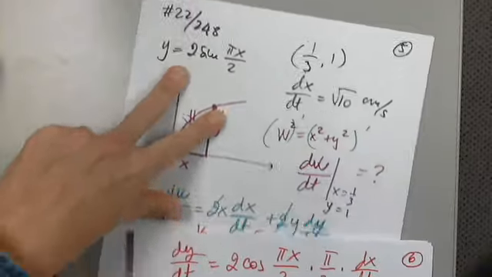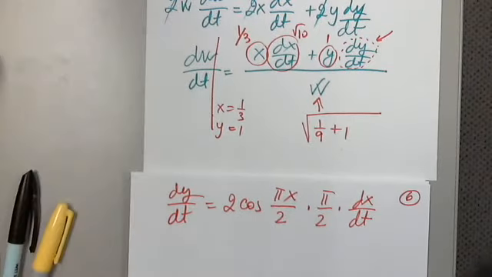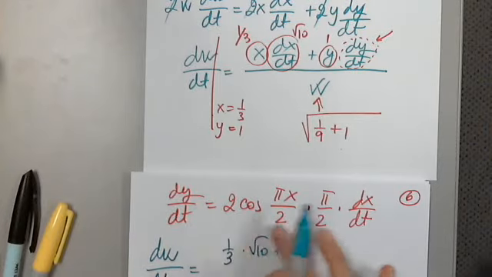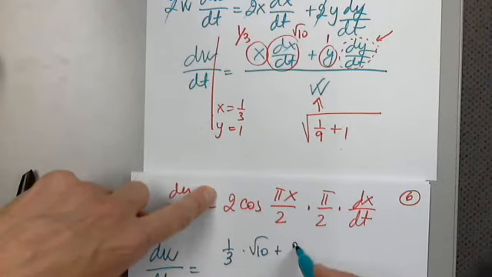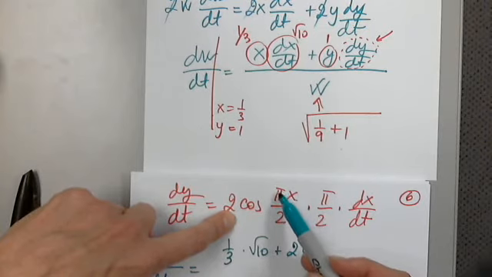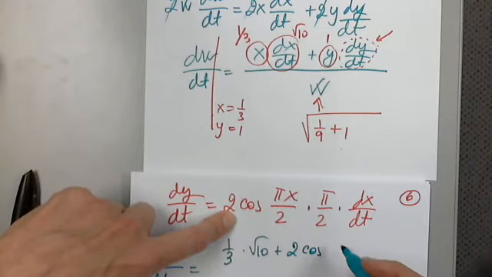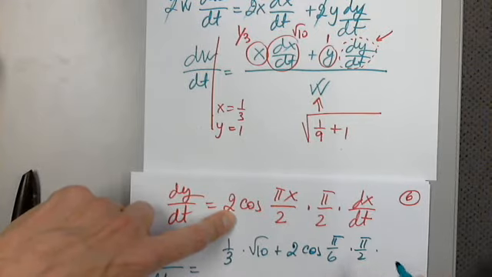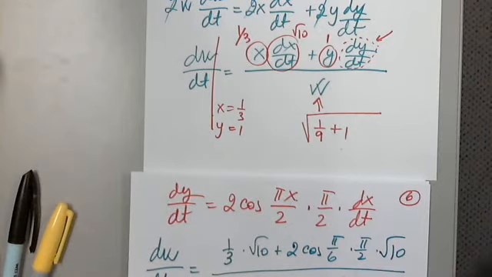So now I can put everything together. So then dw over dt equals 1/3 times the square root of 10 plus all this, which is 2 cosine, if x is 1/3, 1 over 3 times pi over 2 is pi over 6, times pi over 2, times again the square root of 10, and everything divided by the square root of 1 over 9 plus 1.